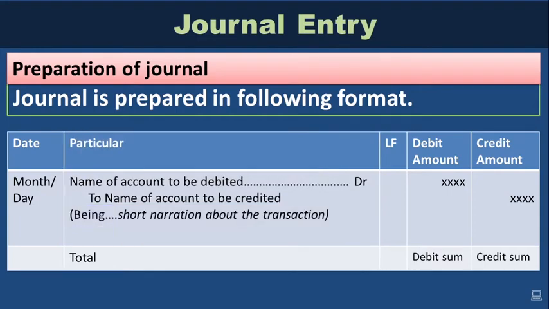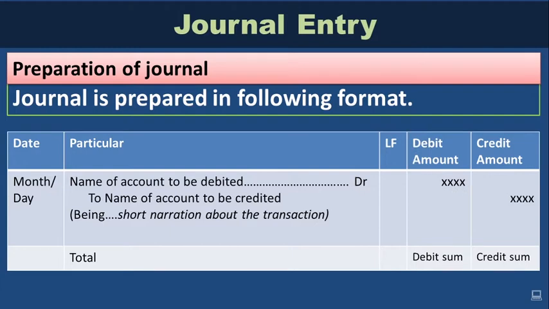The next one, LF or ledger folio. The LF stands for ledger folio, which means the page number of the ledger where the entries are posted. The next one, the debit: the debit amount column is used to write the amount to be debited against the debit account.